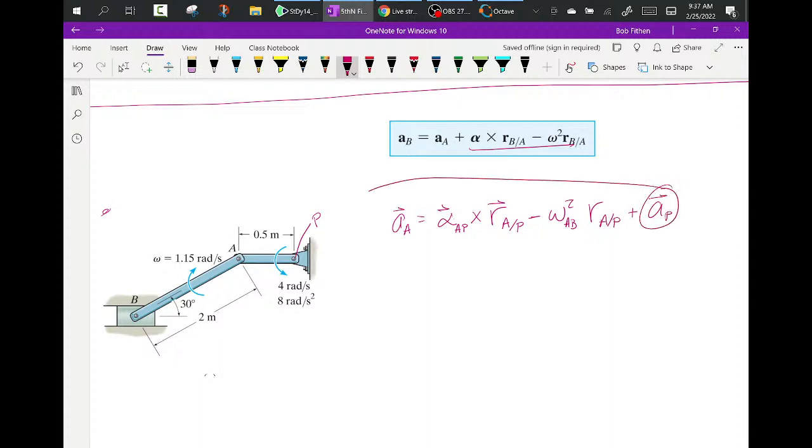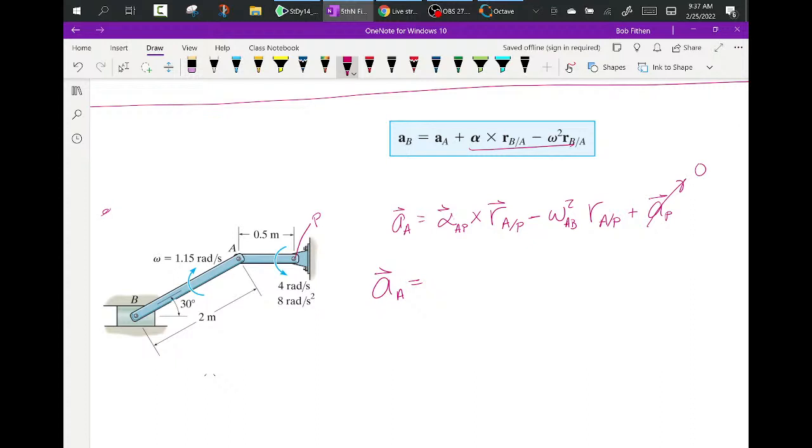The pin itself is fixed, so in fact this term is 0. Turns out the acceleration of point A right here is going to have a centripetal component and a tangential component.